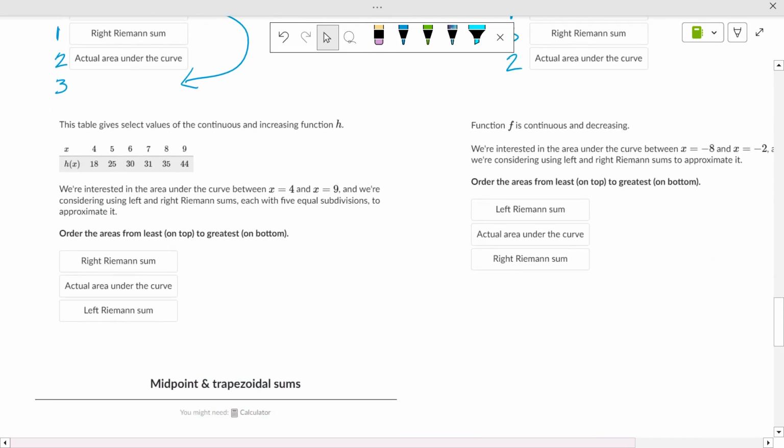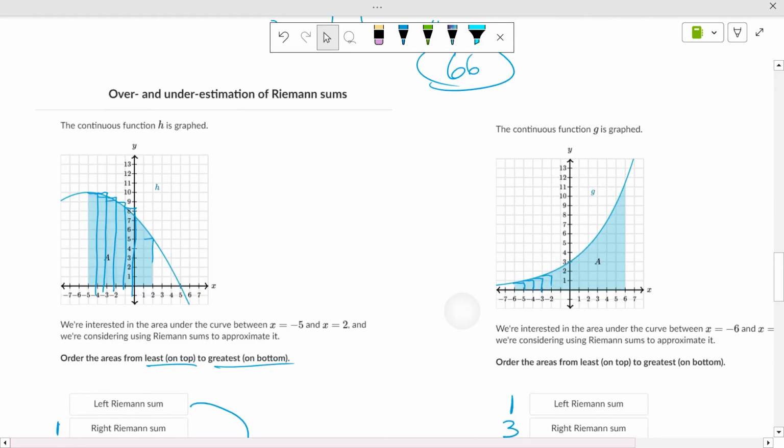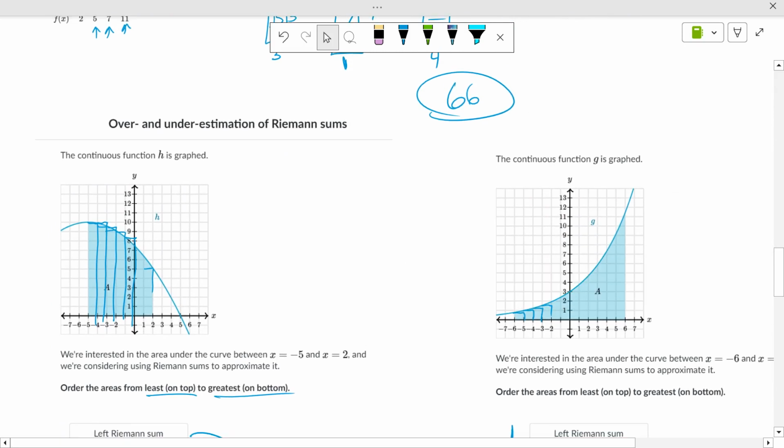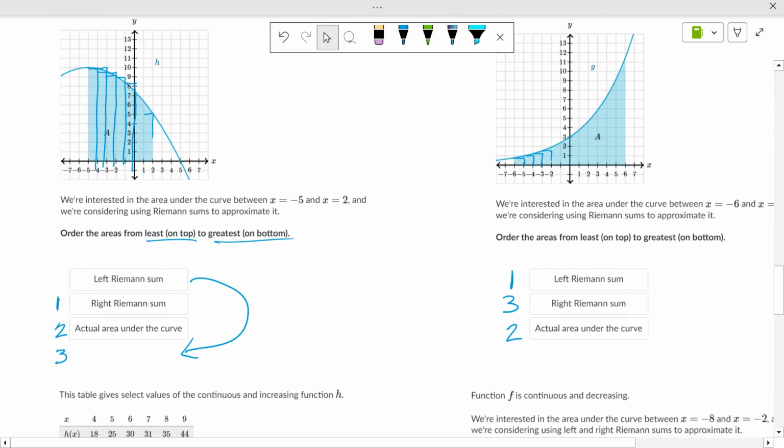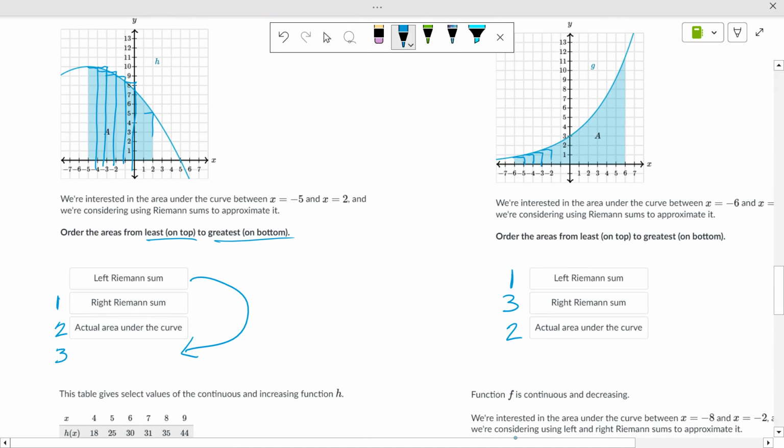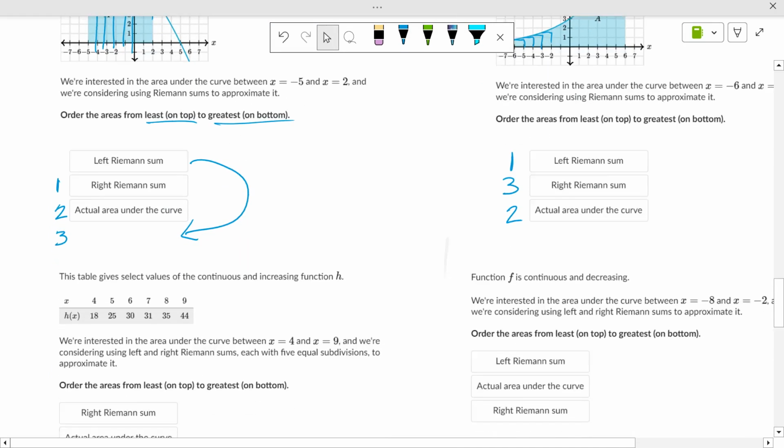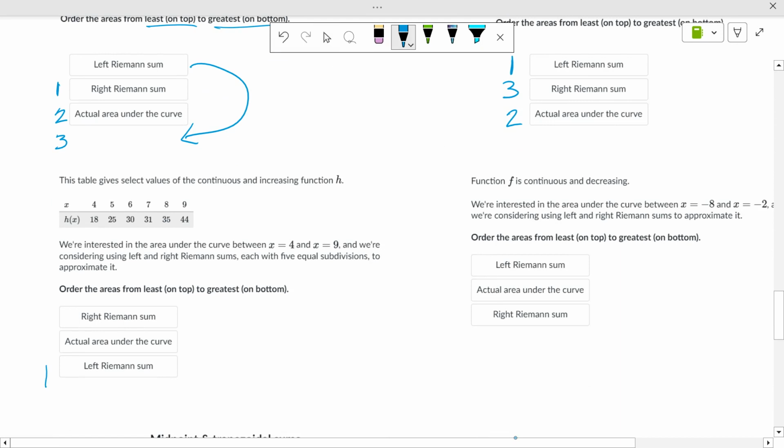Now, we don't have a chart to look at. But if this is going up, it would look like this. Okay? If it's going up, it looks like this. So it's left, actual, right. Left, actual, right. Because it's going up.